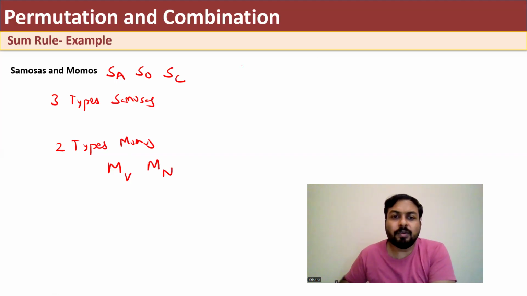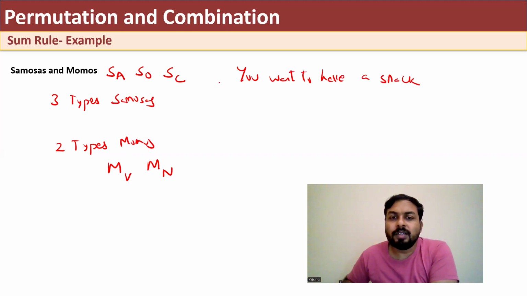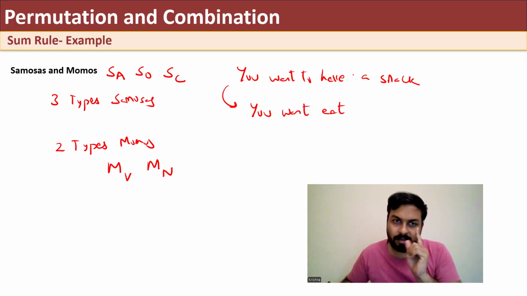Now, let's say you want to have a snack. You want to eat either an aloo samosa, or an onion samosa, or a chicken samosa, or you may want to have veg momos or non-veg momos, any one.